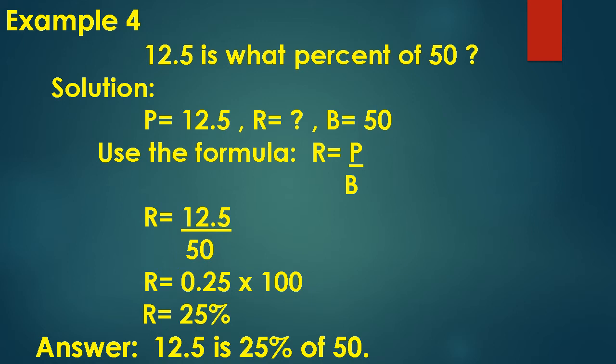So the answer is 25 hundredths. So we are going to multiply it by 100 to make it a percent. So R is equal to 25%. So our rate is 25%. Okay, the answer is 12 and 5/10 is 25% of 50.